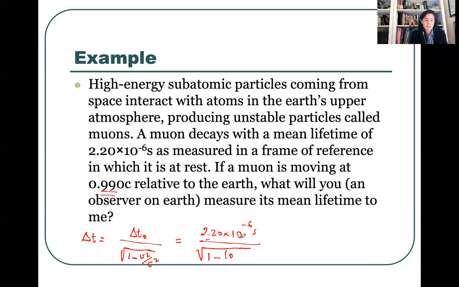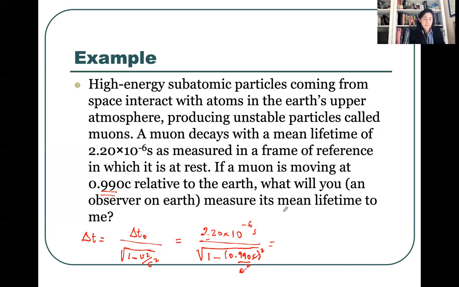That's the speed relative to the inertial frame of reference where we are doing the observation. So 0.99 times c squared divided by c squared, and you can see that the c's are going to go away.